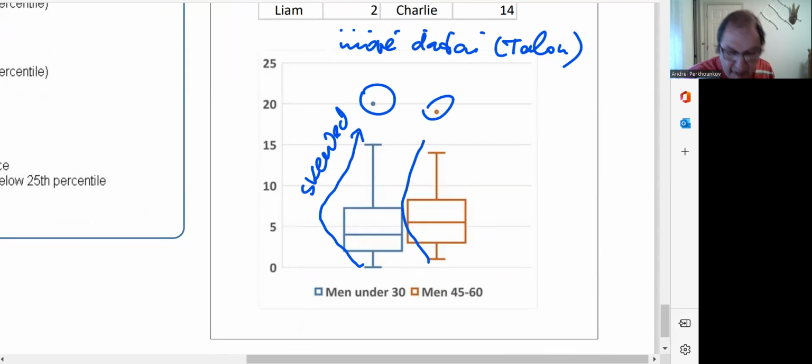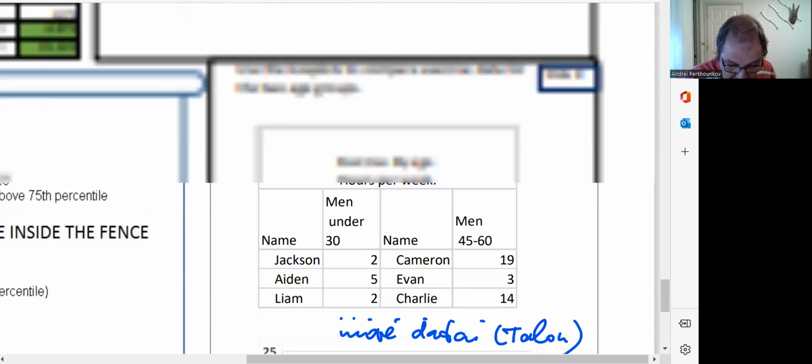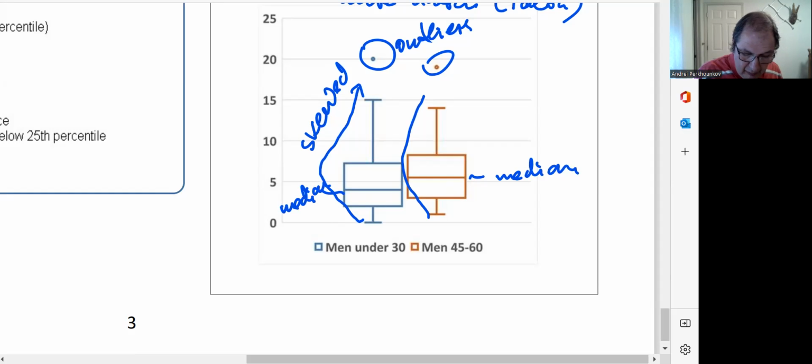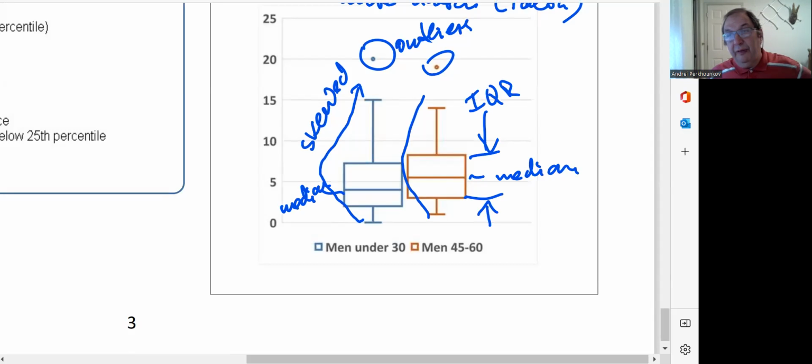Notice outliers. Remember how we summarize everything. Both data sets have outliers. Now you find the median here. And you find the IQR. So you see all of those important features represented in a graph.